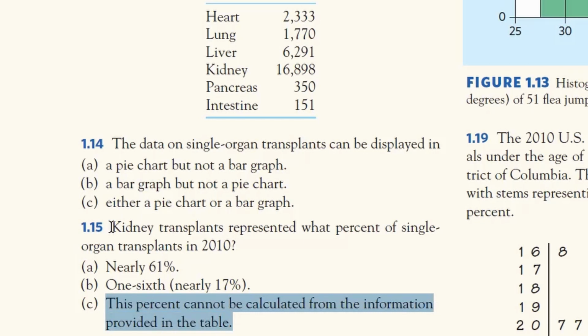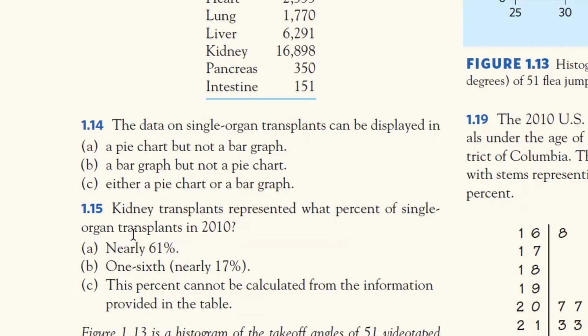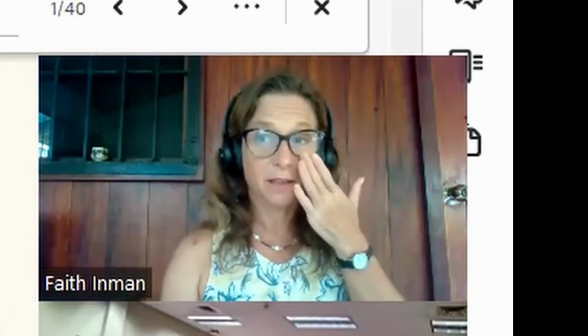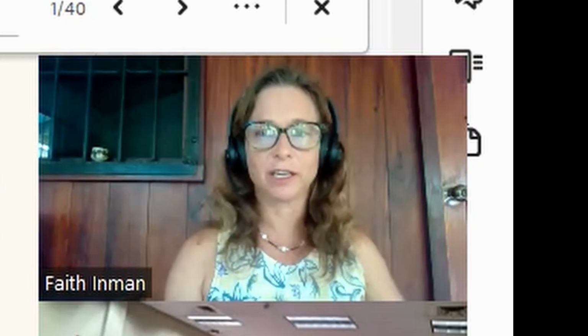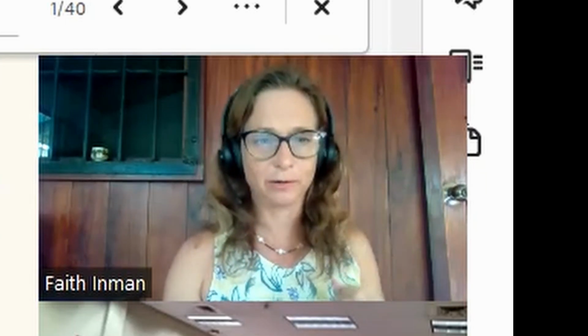You actually don't know because it doesn't include all the other organs, like eyeballs or eardrums, or I don't know what else people transplant, but there are other organs people might do transplants on, and we don't have that information, so you can't calculate it from the table. And that's an important thing to think about when you're making a graph. What kind of information is the right kind of information to put into a graph?